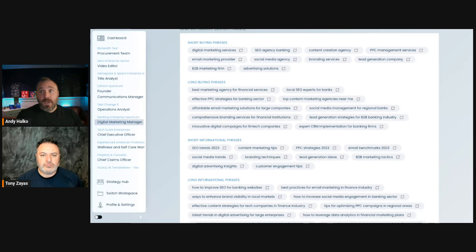If we're a marketing firm, it understands that we sell web design, we sell marketing, etc. And then when you go to a specific buyer, it understands their industry, their job title. We've trained it so that it has an idea of their key pains and motivators and buying factors.